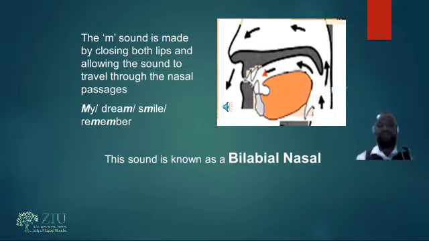For example, my, green, and smile. And here are examples for m as initial, m at the end, and m in the middle of a word, for example, remember also. This sound is known as bilabial nasal.